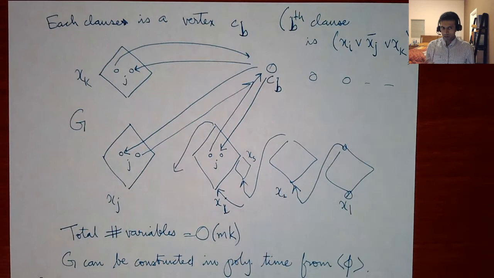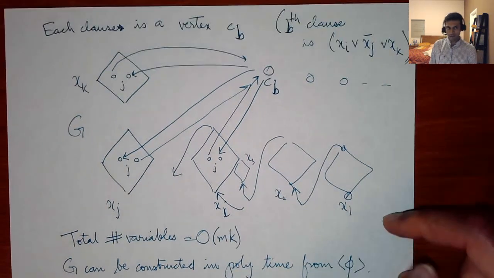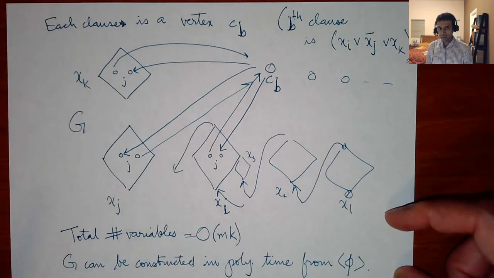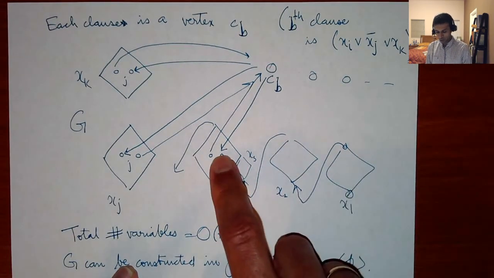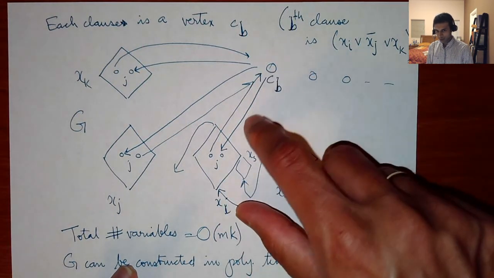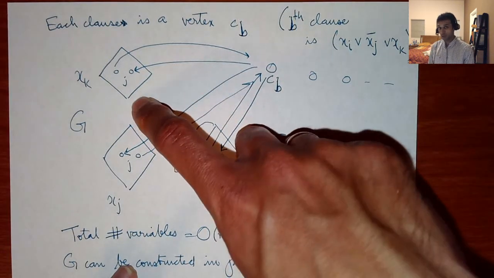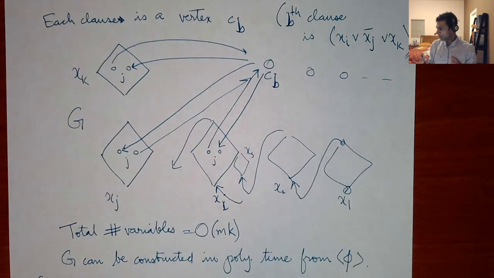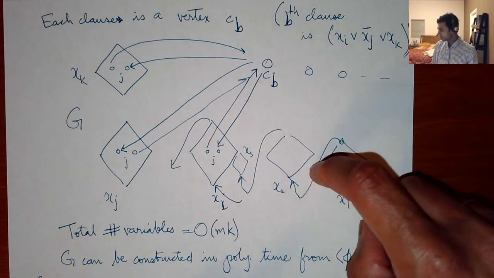Now it seems like the proof is just the same, right? You could take any Hamiltonian path and it goes either to the left or to the right. But now you have to be careful. How do you know that your Hamiltonian path is not going to go to a clause and, instead of coming back the way it should, jump to another variable? The way you set the Hamiltonian path, you want it to go from a variable gadget to a clause and come back.